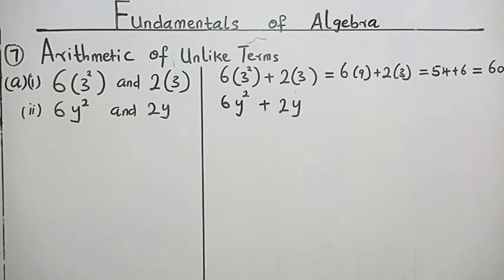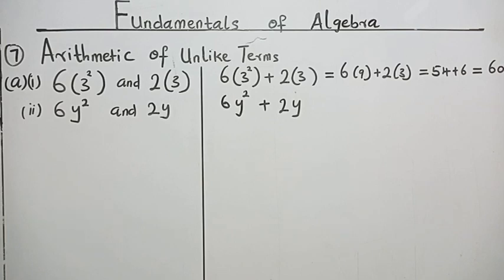Even when factorized, y will appear 2 times, one outside the bracket and the other inside the bracket. That might be called a simpler form of this expression, but that is not exactly what we mean when we say simplify out. That is to say, 6y to the power 2 plus 2y will not give us just a single number as in the case of like terms.